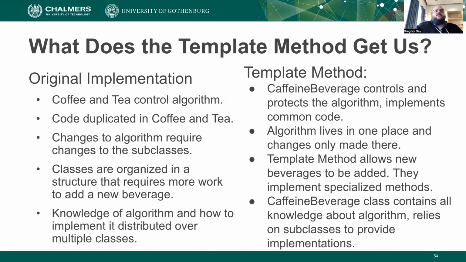So why? What does this do for us? Well, in our original, the coffee and the tea are in charge of this process. We have duplicate code. And if we want to make a change to the process, that requires every subclass potentially be redesigned to follow the same mapping. Our classes are organized in the structure where if we want to add an additional beverage, now we need to do some work potentially to every single beverage as well.